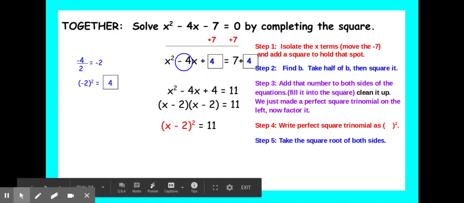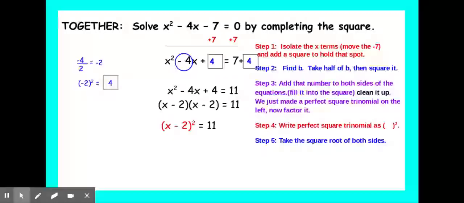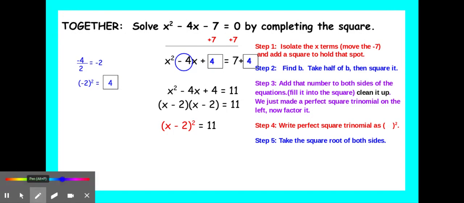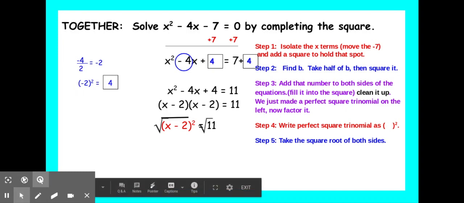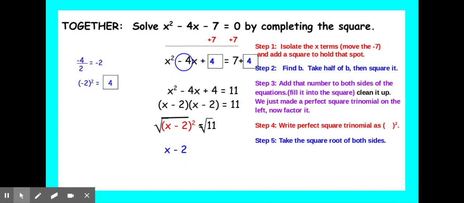Now we want to take the square root of both sides. So our goal is to get x by itself. In order to do that, we need to get rid of that little 2, which is right here. And to get rid of that, we have to square root both sides. So what does that mean? We're going to put this little sign above both sides, and square root both sides like that. And that allows me to bring down that x minus 2 out of the parentheses.